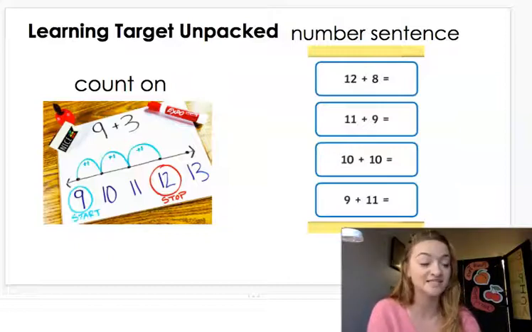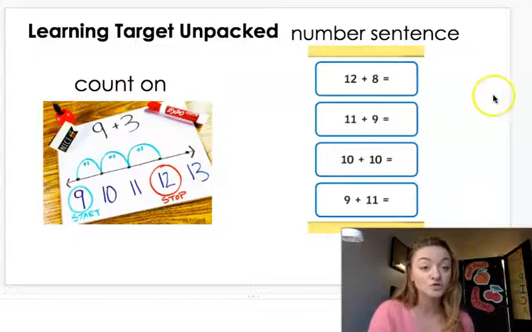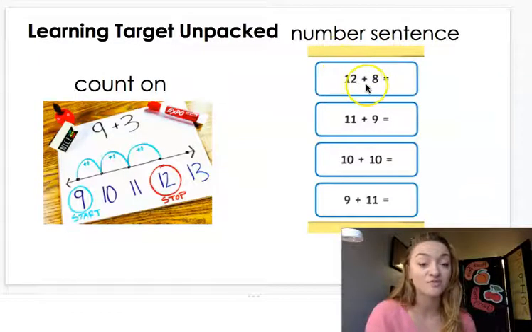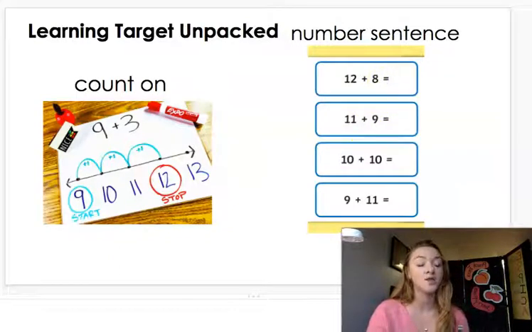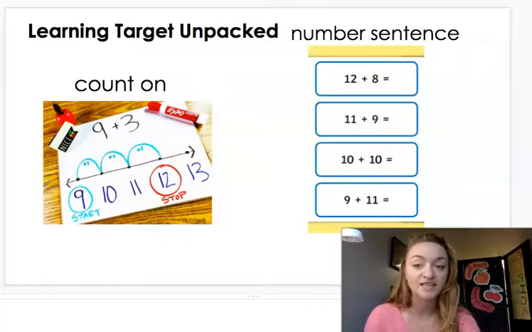So a number sentence is when we put our numbers together in a math sentence using our math symbols, like the plus sign, like the minus sign, and like the equal sign to make a number sentence make sense. All right, let's keep going and find out what we're going to need to be able to do all of this today.